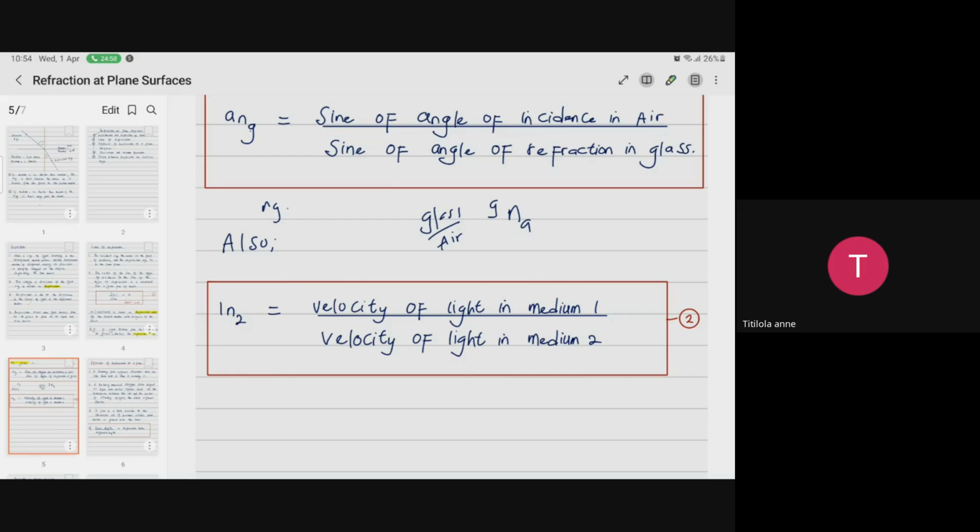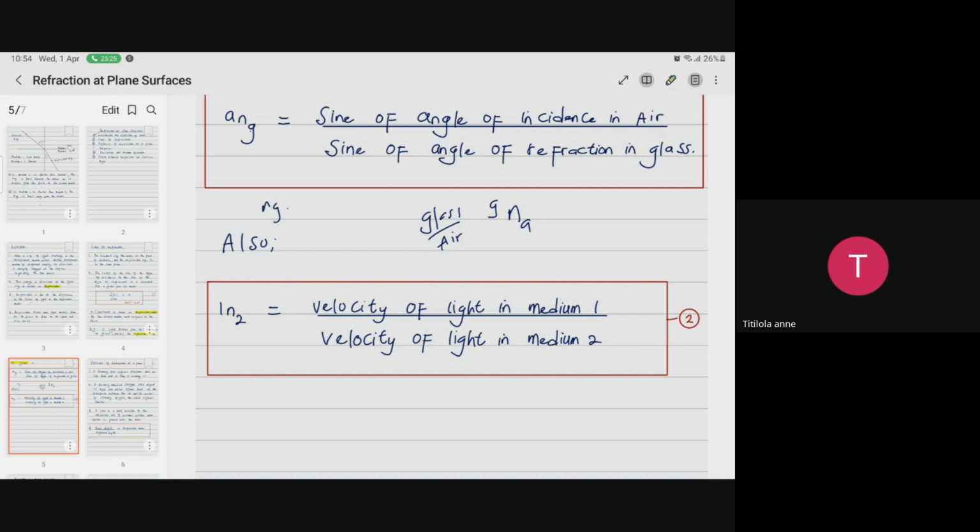Water and glass, which one is heavier and which one is less dense? Water is less dense. Why? Because the density of water is lower. You are still speaking English. In layman's terms, why? If I'm a layman, I've not gone to school, how will you tell me that its density is lower? What do you mean by density?